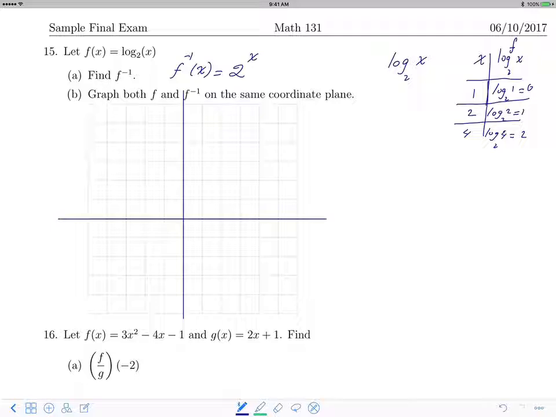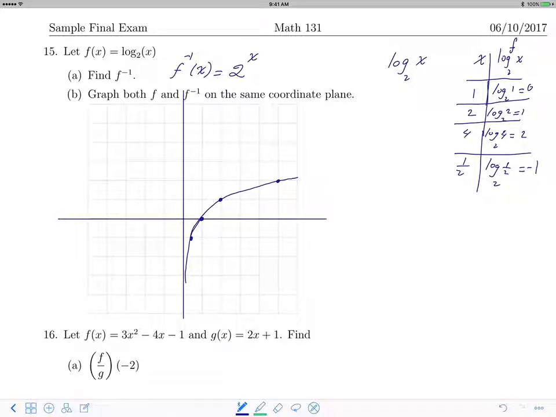And so the points are (1, 0), (2, 1), and (4, 2). We could even pick a fractional number like half. We know that log of half to the base 2 is negative 1. So at half, we have negative 1 here. Now if I connect these points, then I have the graph of the logarithm, the original f function.